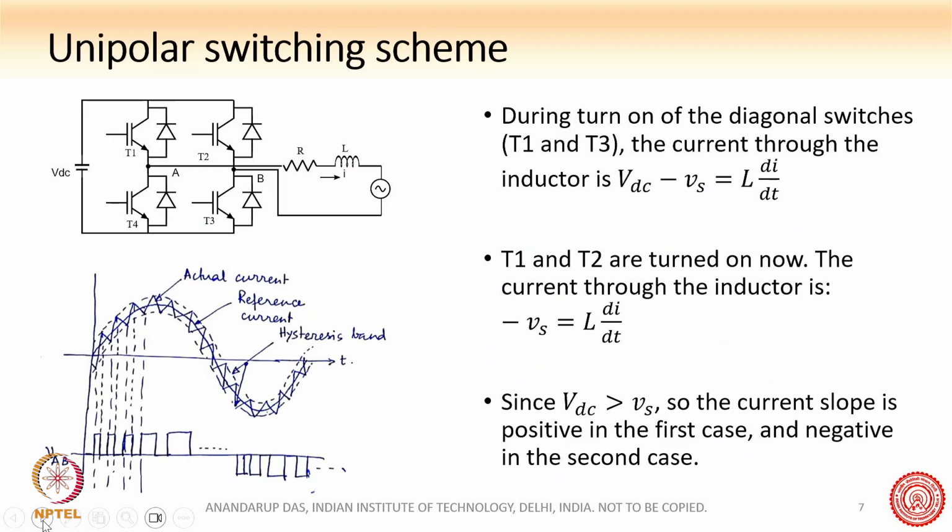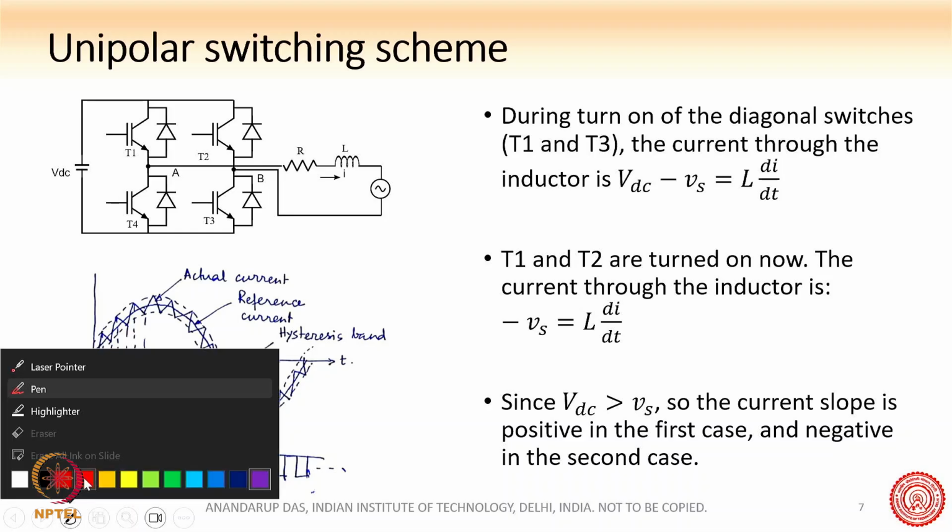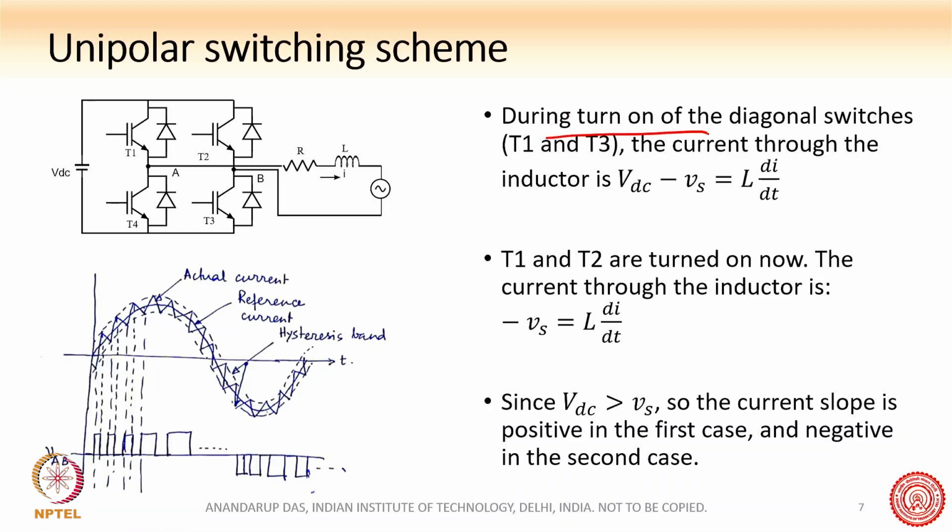Now here you can see one scheme, the unipolar switching scheme. What happens here is that during turn on, the diagonal switches T1 and T3 are turned on.